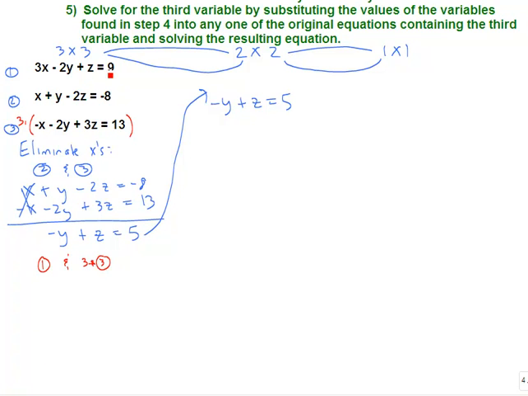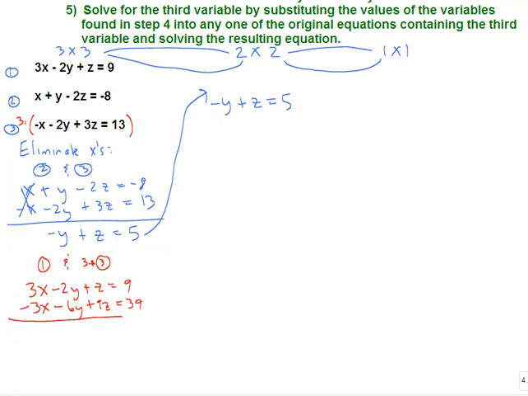So let's recopy equation 1. Let's recopy what we get when we multiply through by 3 times this third equation. So 3 times -x is -3x, 3 times -2y is -6y, 3 times 3z is 9z, and 3 times 13 is 39.